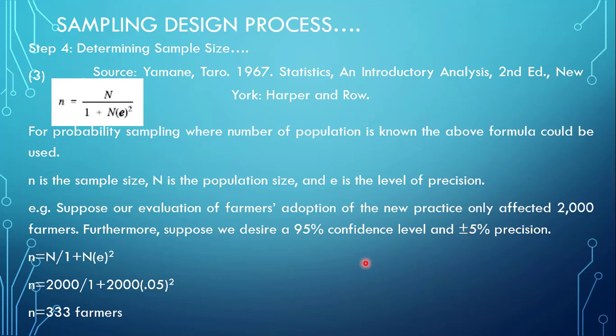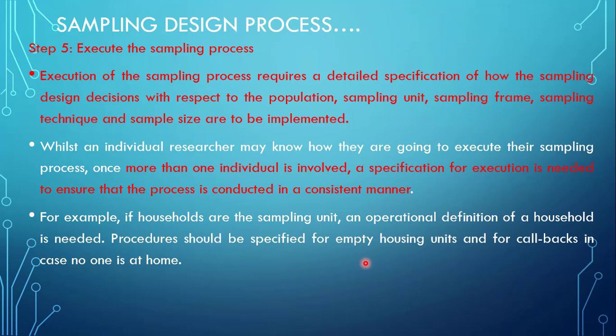Okay, so after determining the sample size, what you will do is execute the sampling process. When you execute the sampling process, you are going to implement whatever you have designed. If you said you are going to implement convenience sampling or stratified sampling, then you are going to apply convenience sampling or stratified sampling.